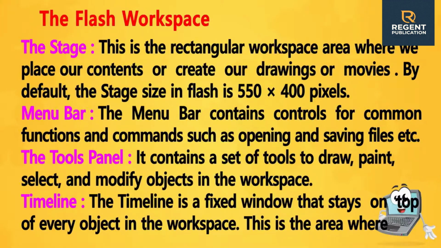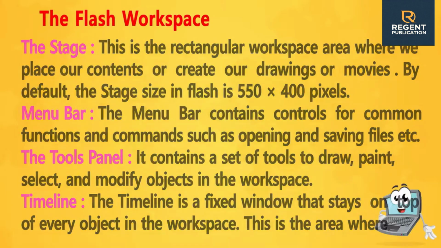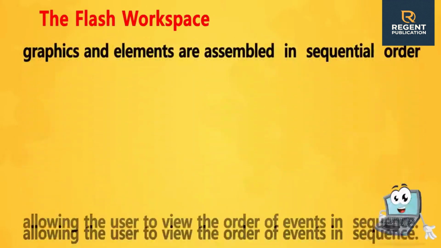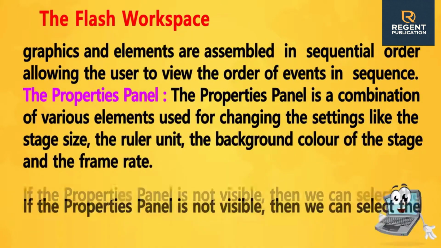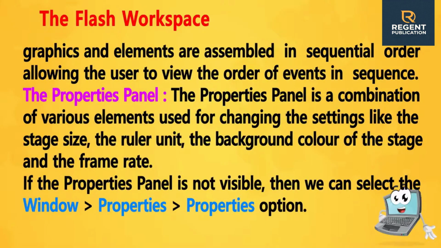It contains a set of tools to draw, paint, select and modify objects in the workspace. Timeline. The timeline is a fixed window that stays on top of every object in the workspace. This is the area where graphics and elements are assembled in sequential order, allowing the user to view the order of events in sequence.